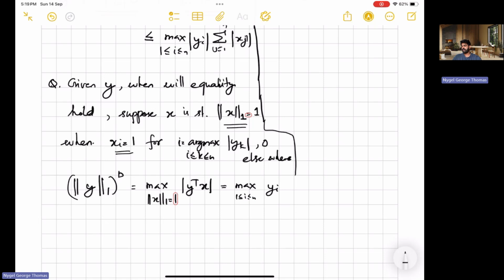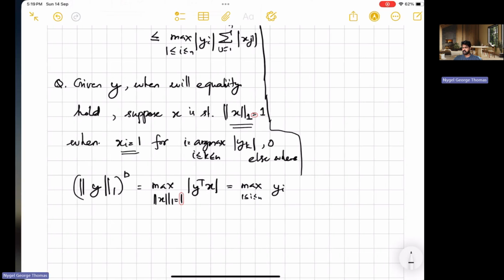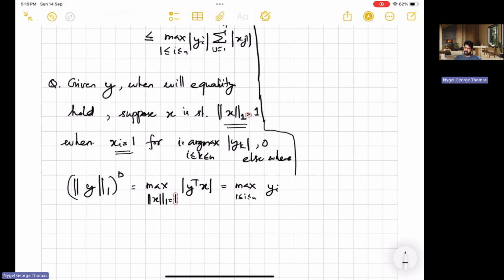Because x will only have a non-zero value for that particular index, that is k, the argmax. And what is this? This is the infinity norm. So x, we already know what this is, a one-hot vector.